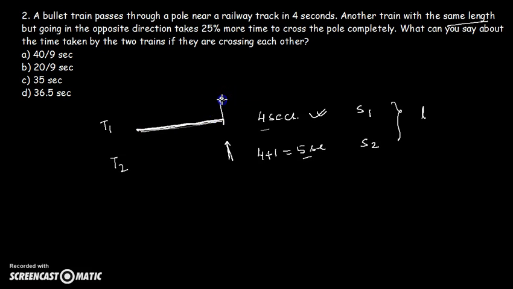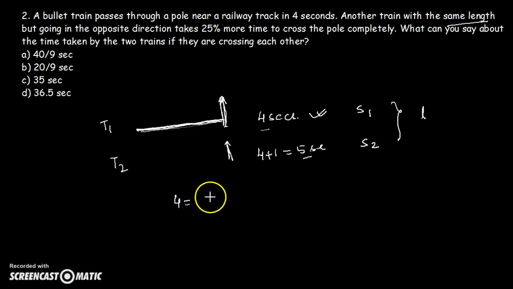Why? Because the width of the pole is negligible. A train, when compared to a pole, is much longer, and that's why the width of the pole is considered negligible. For T1, the time taken is 4 seconds.